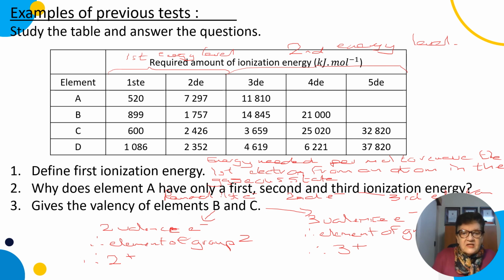Right, the next question is about first ionization energy. A very common question to ask is the definition of ionization energy. This is the energy needed per mole to remove the first electron from an atom in the gaseous state.